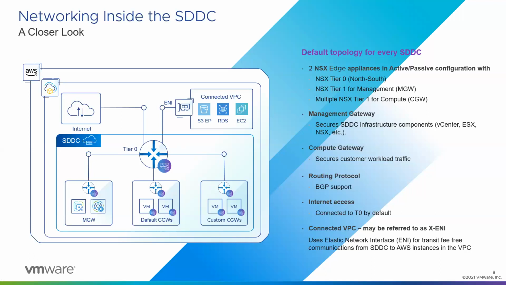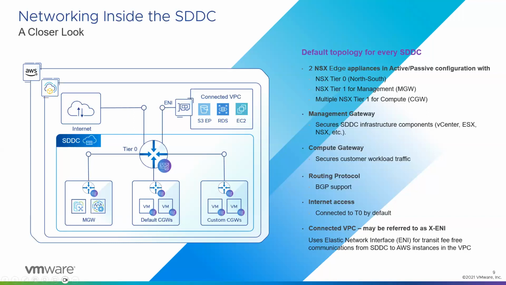So we have, I would say, two pieces that build the core networking of each and every SDDC. Tier 1 routers provide connectivity for the management VMs, which stay apart, and the compute VMs, your workload. Your workload is always attached to a Tier 1 gateway.